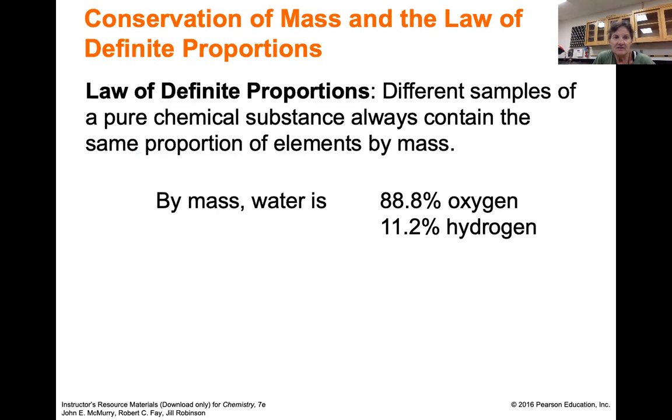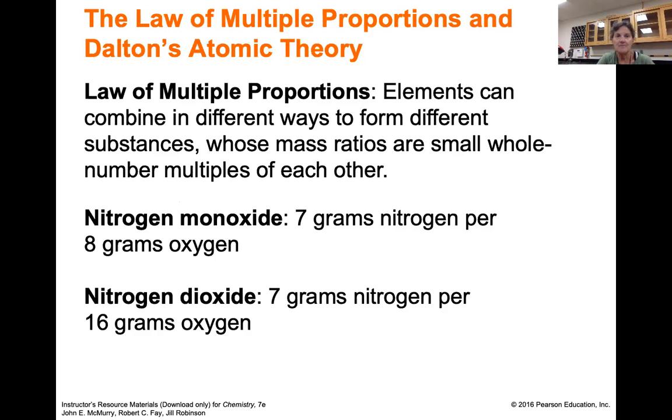So different samples of a pure chemical substance always contain the same proportion of elements by mass. The law of multiple proportions and Dalton's atomic theory. So number one, law of multiple proportions. Elements can combine in different ways to form different substances whose mass ratios are small whole number ratios of each other.